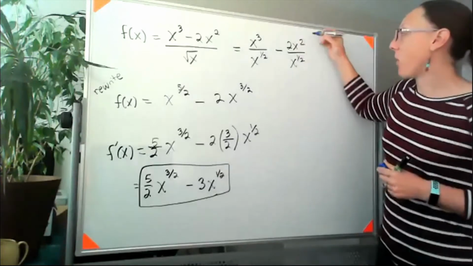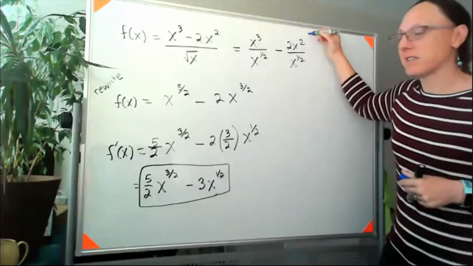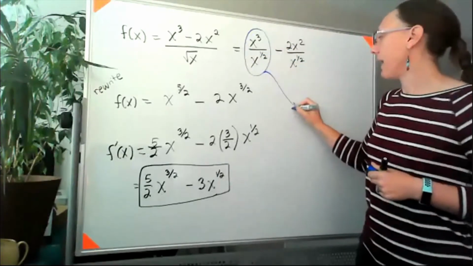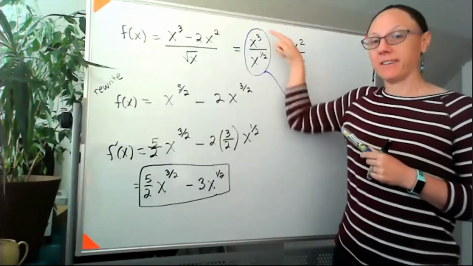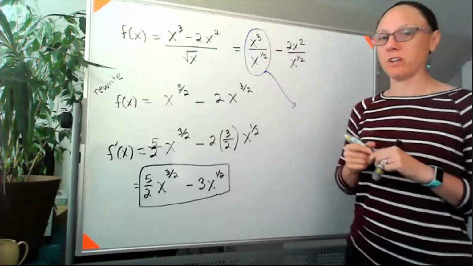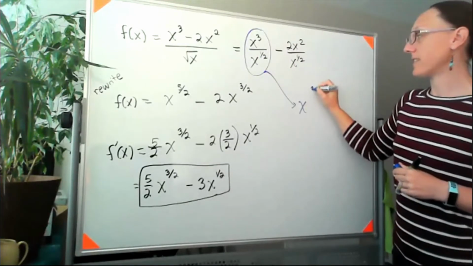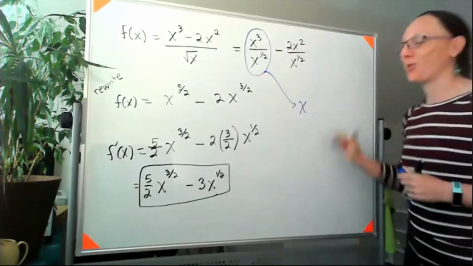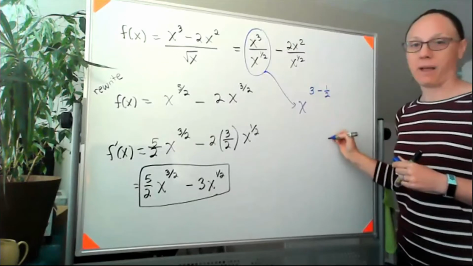So if I think about using our laws of exponents, let's take this piece, for example. I know that one of our exponent rules says that we can combine these by subtracting the exponents. So this would be the same as x raised to the 3 minus 1/2 power.